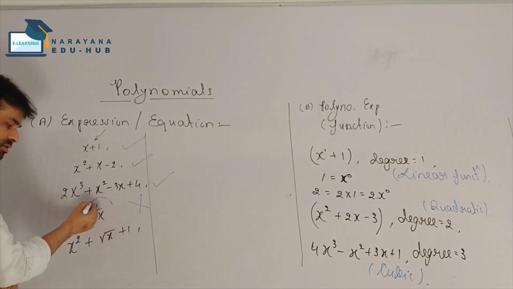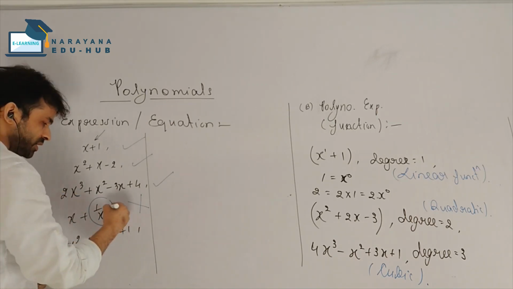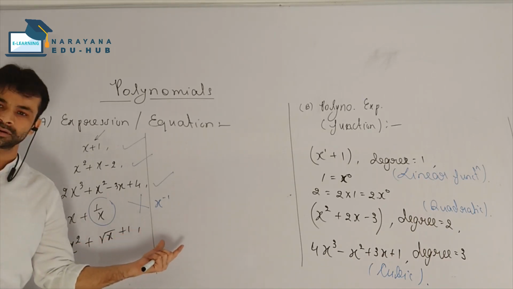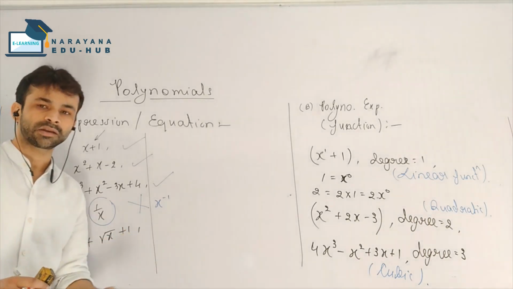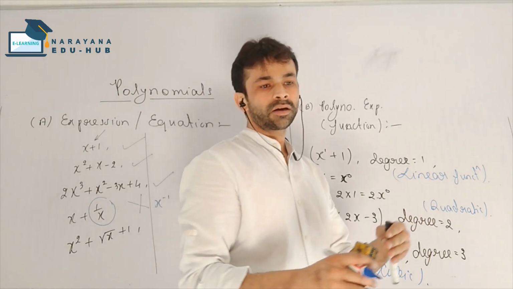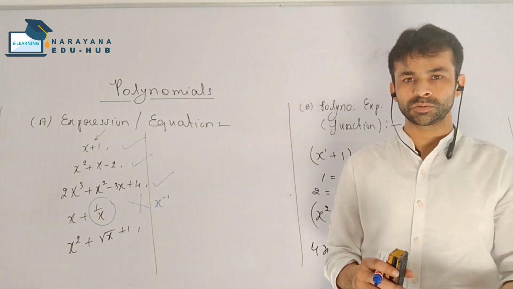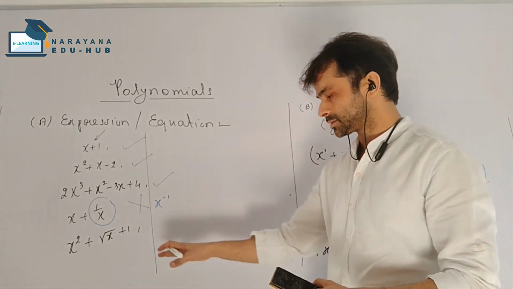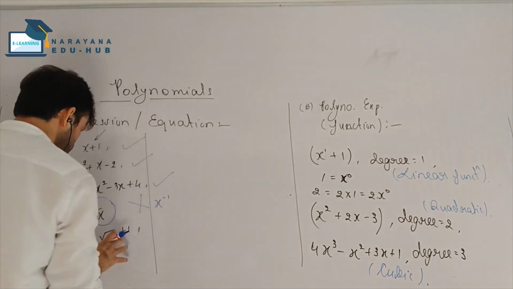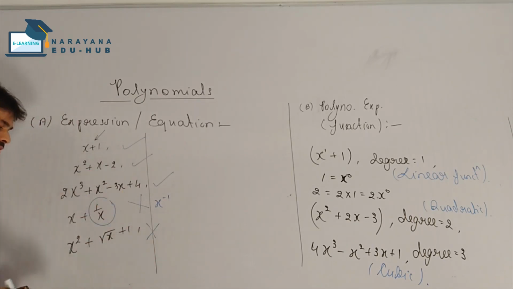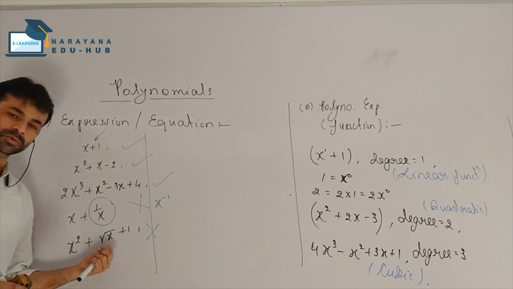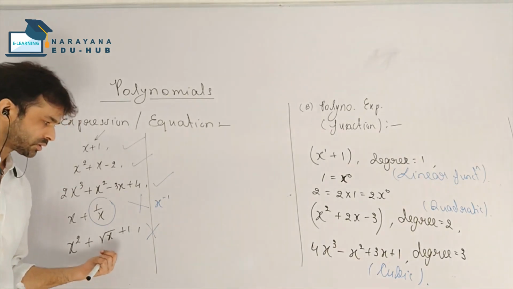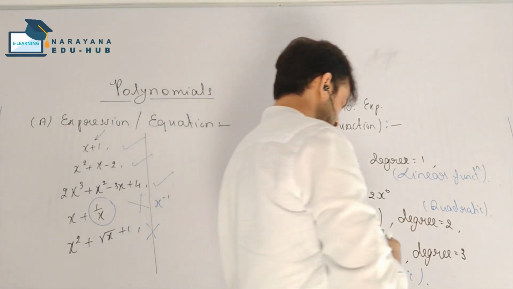Because this contains 1 by x. 1 by x means x to the power minus 1. A polynomial cannot have x to the power minus 1, x to the power minus 2, negative powers, or x to the power 1 by 2. This is not a polynomial because square root x is x to the power 1 by 2.